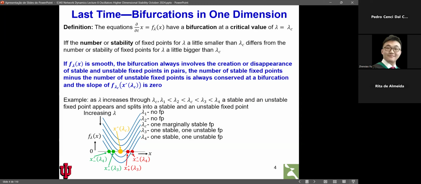You see here that if you change it from here to here, you change the value of the fixed point, but you don't change the stability. But if you have this tangent situation here, then if you increase lambda a little bit more, there won't be any fixed point. If you go down, it is going to have two fixed points. So the value of lambda where the curve is just tangent there is a critical one. This is the idea.